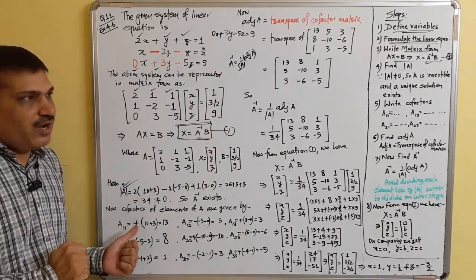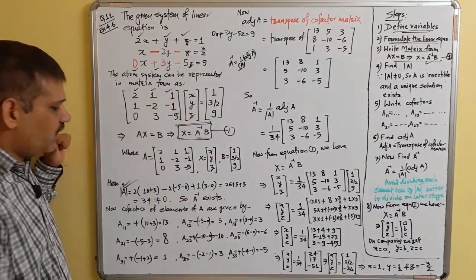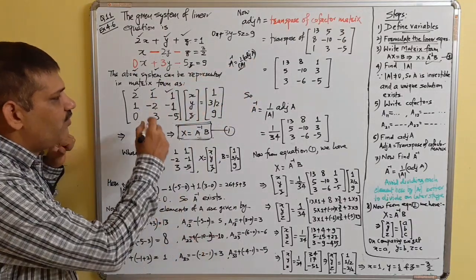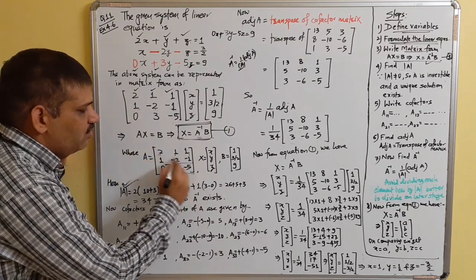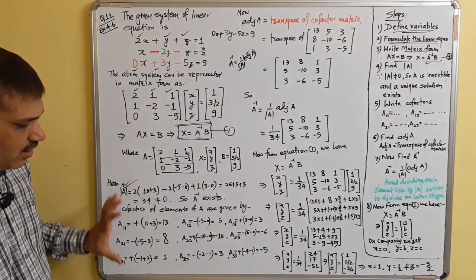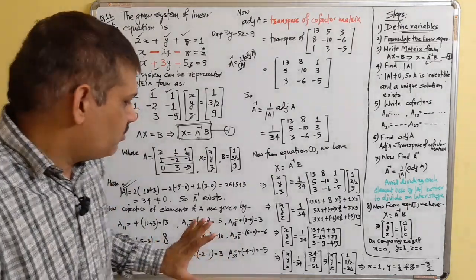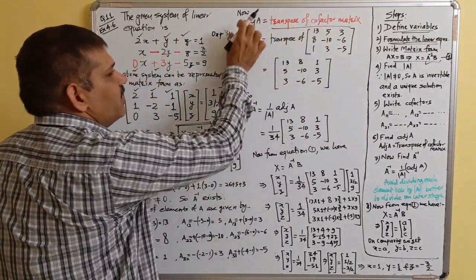Now to find adjoint A, what do we need? We need the cofactors. So now we write all the 9 cofactors A11, A12, and so on, of all the elements. Now adjoint A is the transpose of the cofactor matrix.